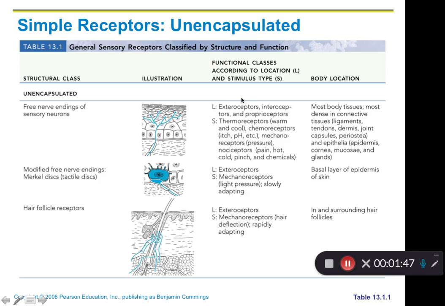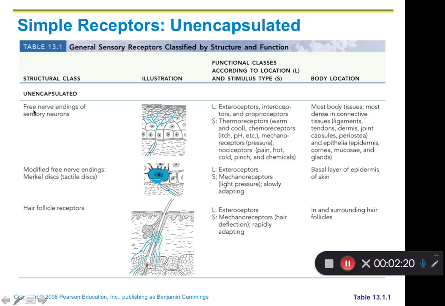We can also find these free nerve ending receptors in the muscle and the tendon. This is called proprioceptor. Proprio means self, so these receptors can detect the tissue's own situation or sensation.